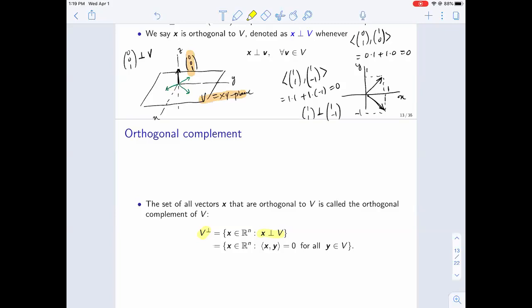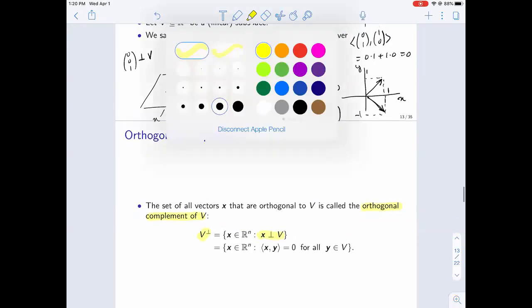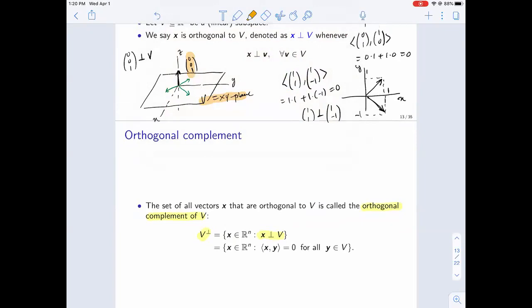It is called the orthogonal complement of V, and it turns out that this is another linear subspace. Another way of writing this, if you expand the definition, is the set of all X such that the inner product of X with Y is 0 for any Y in V.